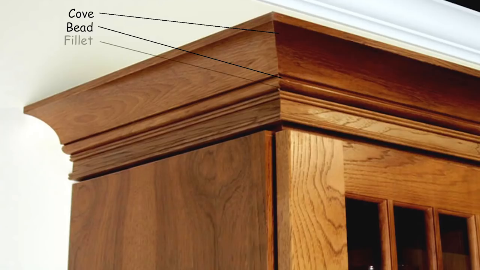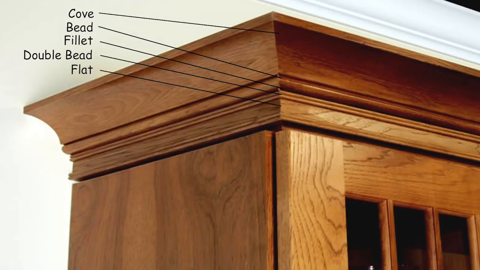Below that, we got another fillet that could be probably attached to this molding. If I'm making this at home, looks like I'm going to have a small bead there. Looks like a 1/4 inch piece with 1/8 inch round over on each edge. Same thing right below it, so I've got kind of a double bead. So I've made two 1/4 inch thick beads and stacked them up.